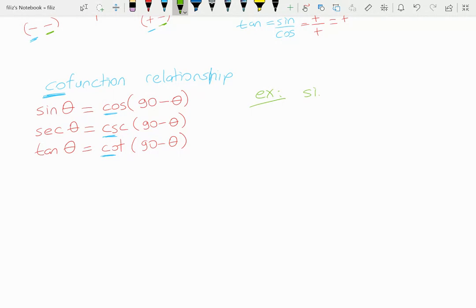Say sine 40 equals cosine of 90 minus 40, which is cosine 50. Yes, we can write all of them like that.